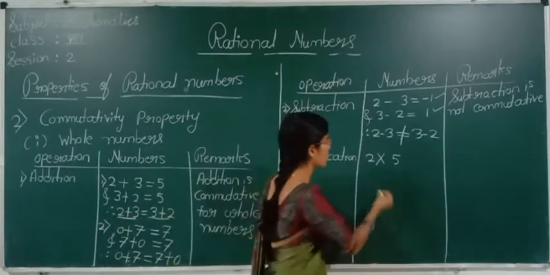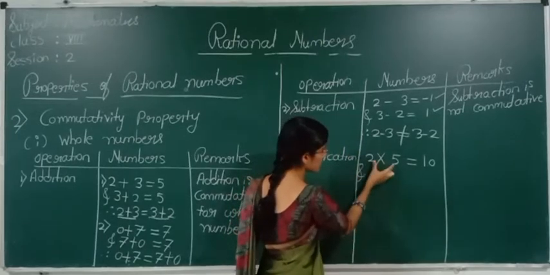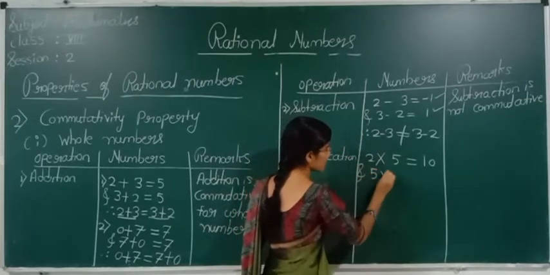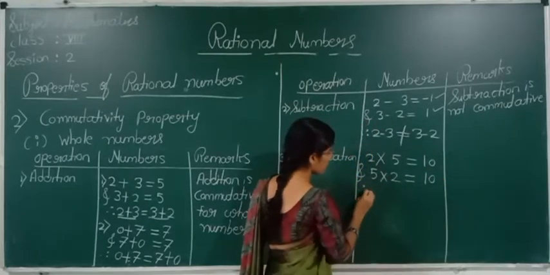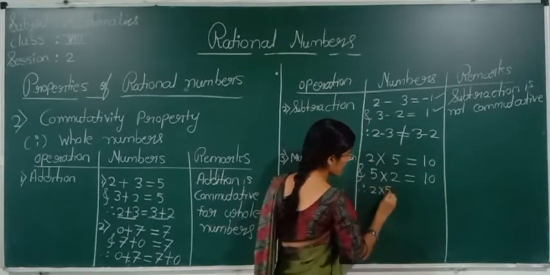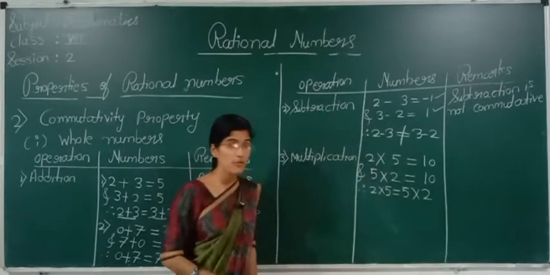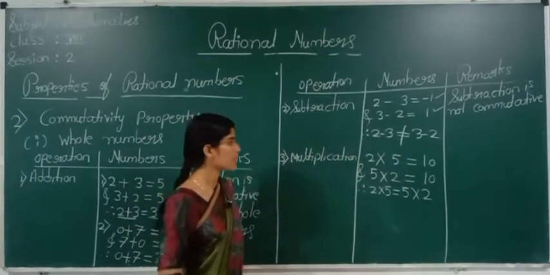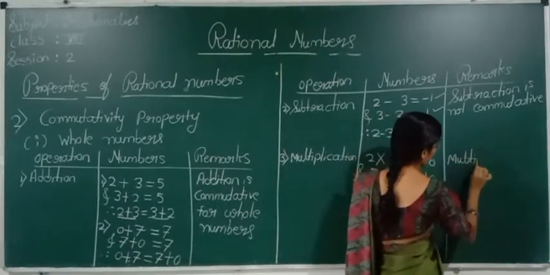We will check. 2 fives are 10. And if I change this, 5 into 2, 5 twos are 10. Therefore, 2 into 5 is equal to 5 into 2. Therefore, multiplication is commutative.